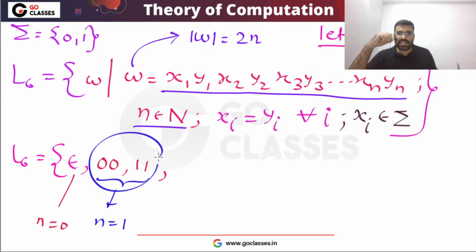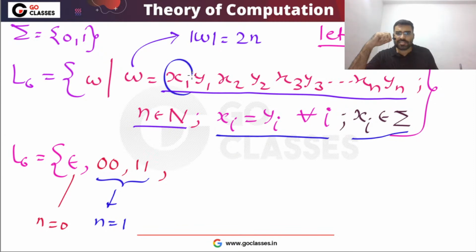Remember, every string is x1, y1, x2, y2, x3, y3, and so on, xn, yn, where xi is equal to yi for all i. This is given in the question. Every xi is a symbol, either 0 or 1.